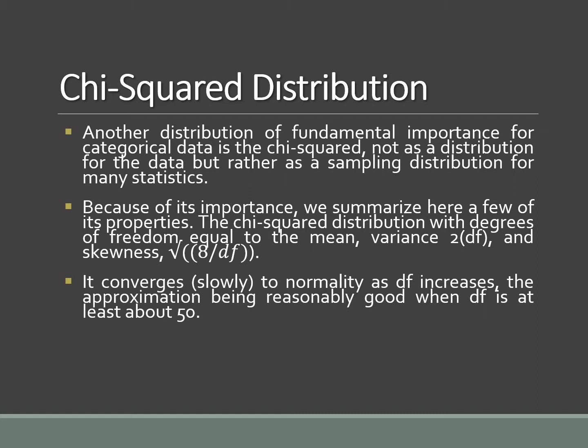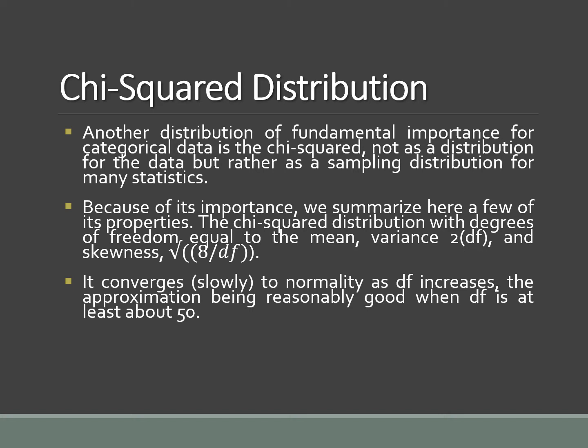Another distribution of fundamental importance for categorical data is the chi-squared, not as a distribution for the data, but rather as a sampling distribution for many statistics. If you recall from your inference course, you use the chi-squared distribution for likelihood ratio tests, and you could also use it for the Wald test. Because of its importance, we summarize here a few of its properties.